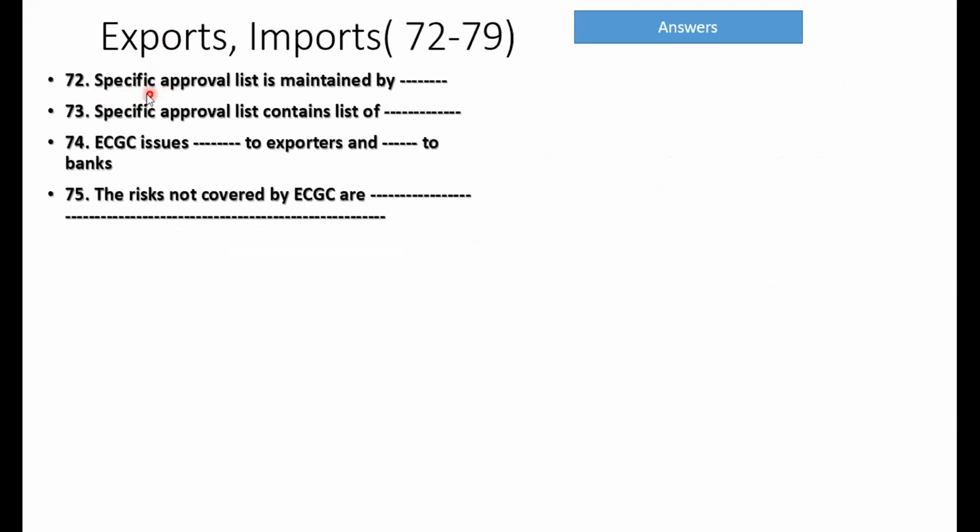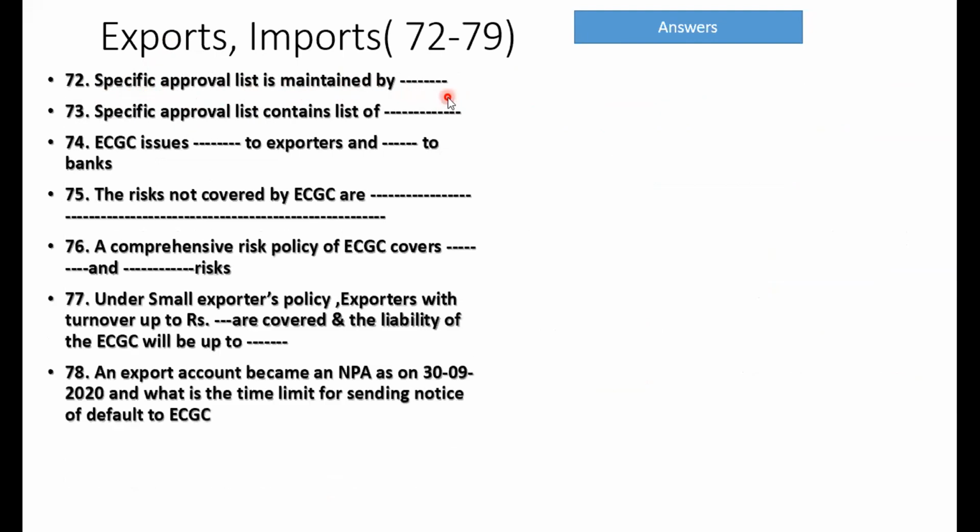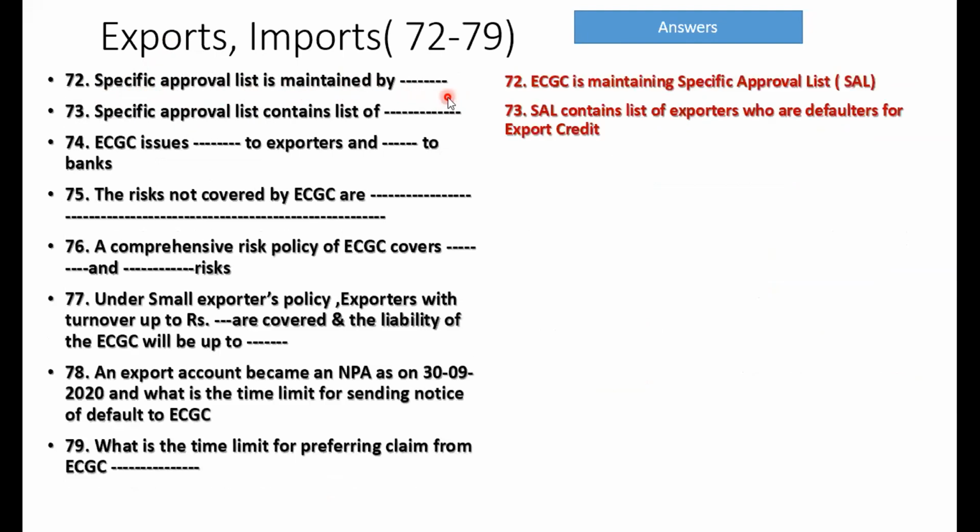Next, the specific approval list, also called SAL. Two questions will be there on ECGC. The specific approval list is maintained by whom? Not RBI, not DGFT. It is maintained by ECGC.